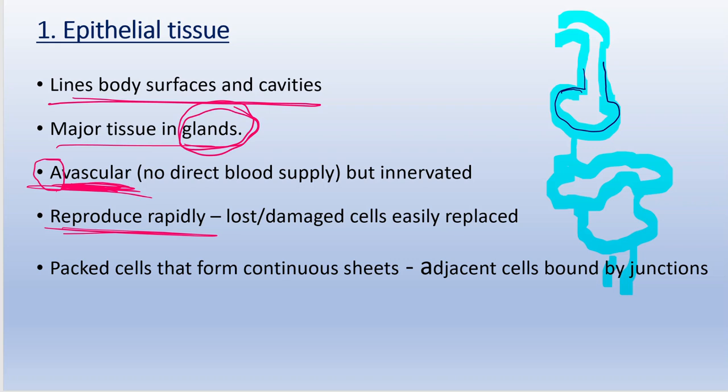And so they need to easily be replaced to replenish. Your stomach lining is made out of epithelial tissue. As you learned from your pH, stomach acid is very, very acidic, which means it's going to be wearing down those cells of the stomach lining a lot. That's very common. So you need to be able to replace those cells to make sure that you have constant good lining of your stomach.